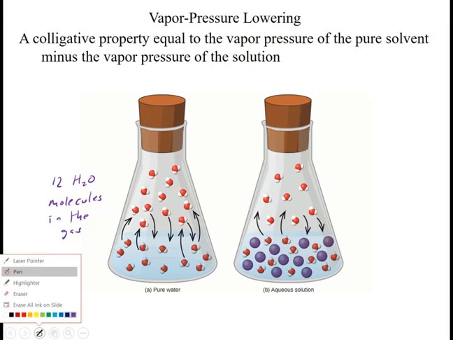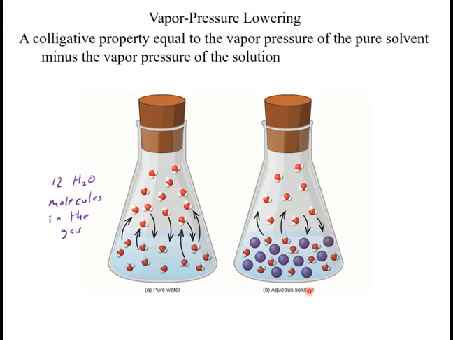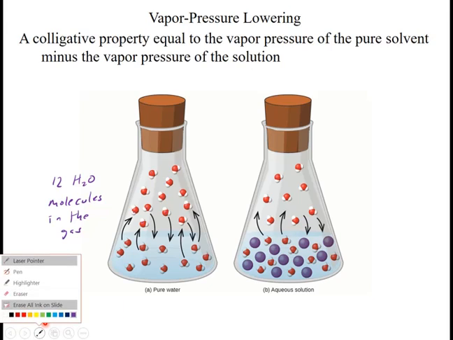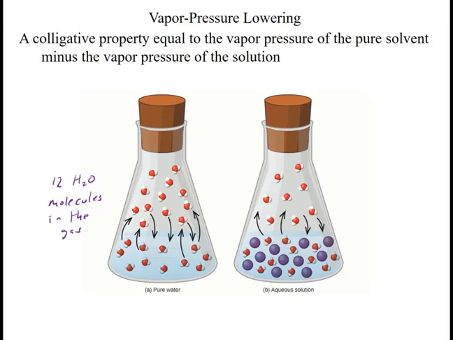Okay, and then I add these. The one on the right is the aqueous solution, which means a water-based solution, and I've added these other molecules. So these blue molecules, and the identity of the blue molecules doesn't matter. We can say it's sugar, so it doesn't really matter. But by adding some molecule to this water, I count 1, 2, 3, 4, 5, 6, 7, 8.